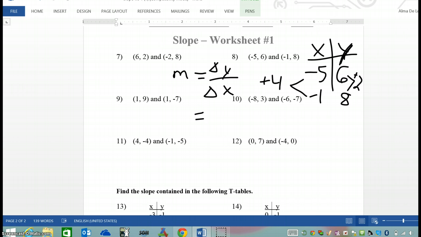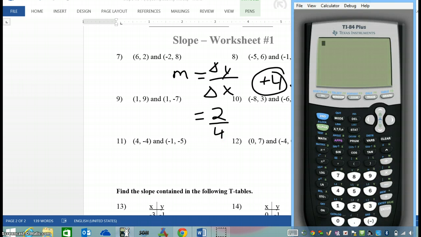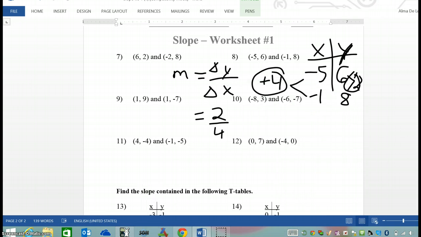The change in y in this case is +2 over the change in x, which is +4. 2 over 4, you can either reduce this in your head or you can put in the calculator 2 divided by 4, and convert that back into a fraction. 2 divided by 4 is the same thing as a half. So my slope in this case would happen to be 1/2. I wrote really big, but hopefully on your paper you write smaller.